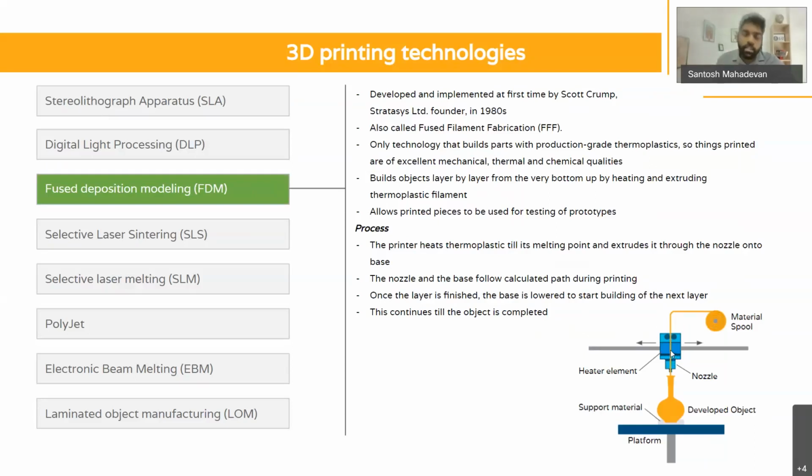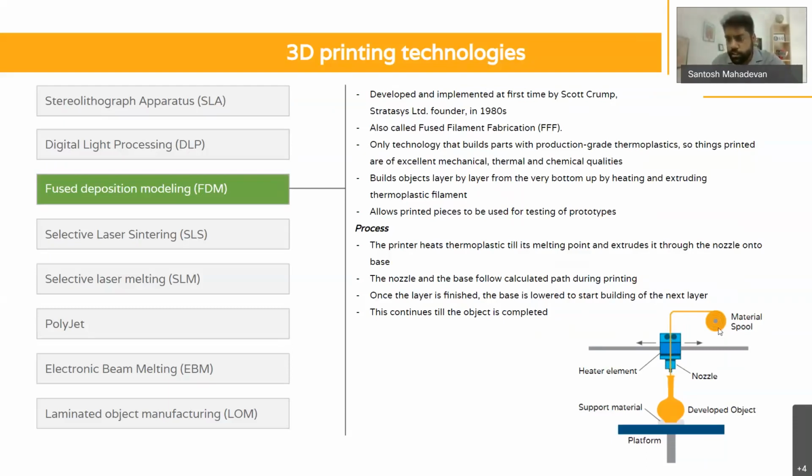Once heated to a certain temperature, it becomes soft. When soft, it can be made into any kind of shape, and upon cooling, this plastic will hold that shape. So when these rollers push this wire, it goes through this heater element, is heated up to that plastic or glass state, and then is extruded out through this nozzle.